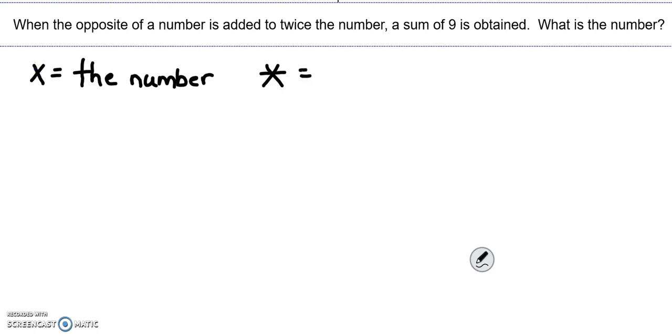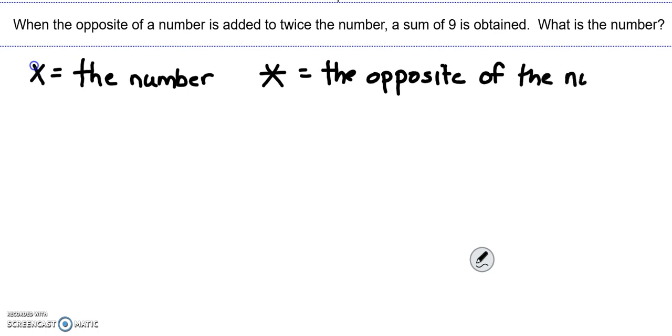So on your paper, please write that x is the number and star is the opposite of the number. Okay, x is the number and star is the opposite of the number.